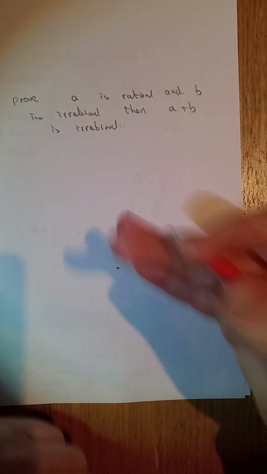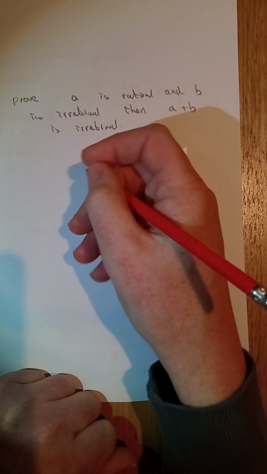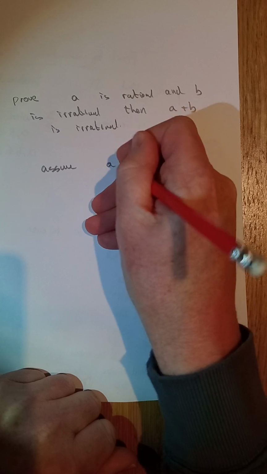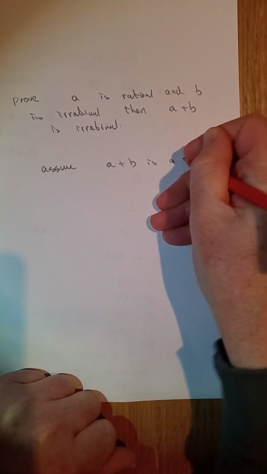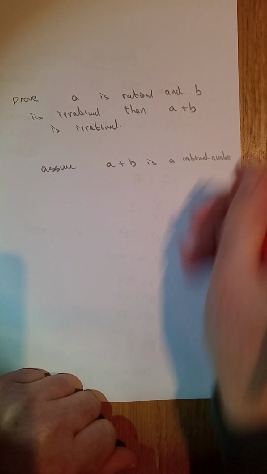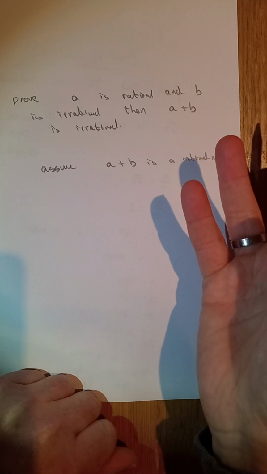Okay, so how am I going to prove this? Well, I'm going to use the same strategy. I'm going to use a proof by contradiction. I'm going to assume a plus b is a rational number, and then I'm going to try and prove that I've caught myself out in a lie.